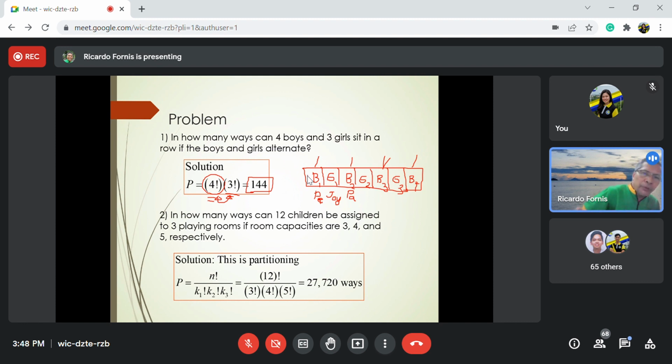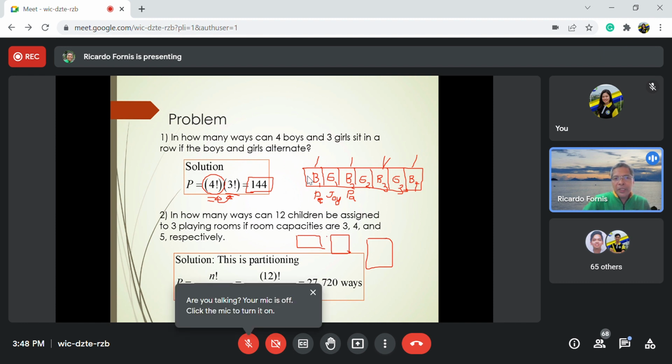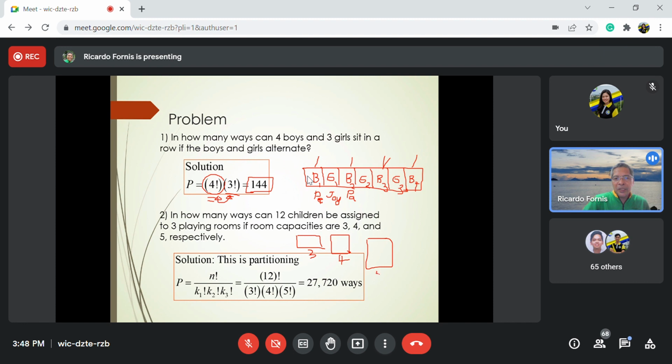Okay, problem number 2. In how many ways can 12 children be assigned to 3 playing rooms? So there are 3 playing rooms. Number 1, number 2 here, and number 3. The capacities: here 3, here 4, and here 5. This is pre-pandemic, since children weren't allowed during the pandemic.